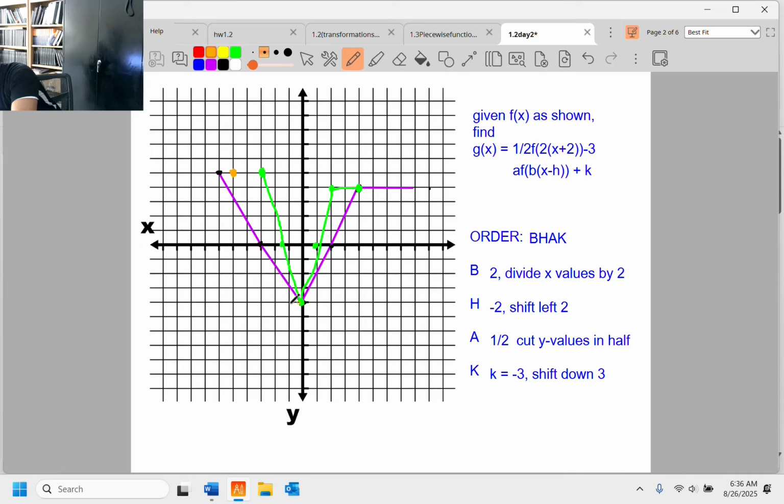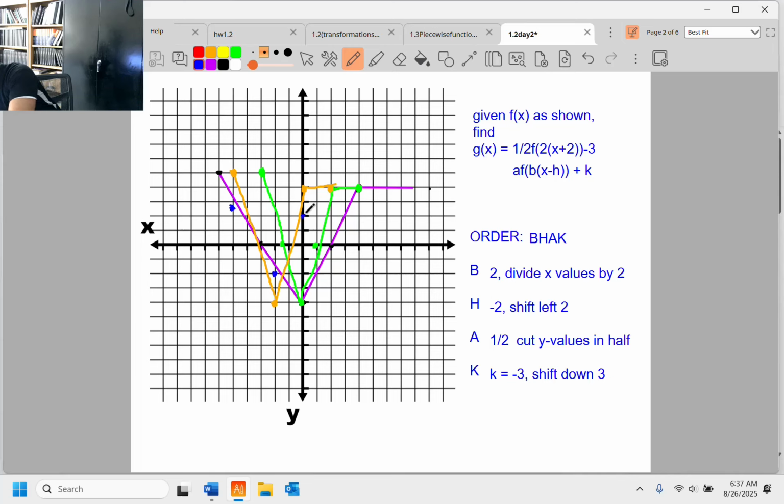I'm just going to move this one down here. You don't have to move all the points, just enough to draw what you're drawing. a is 1/2, cut the y values in half. So we do have an odd one here, it's 5. If you cut it in half, you're at 2.5. If you cut a 4 in half, you're at 2.